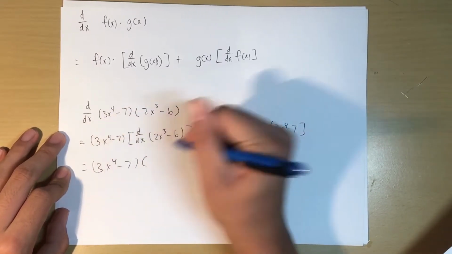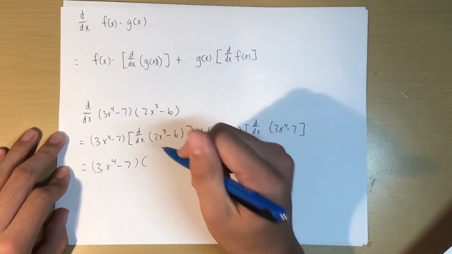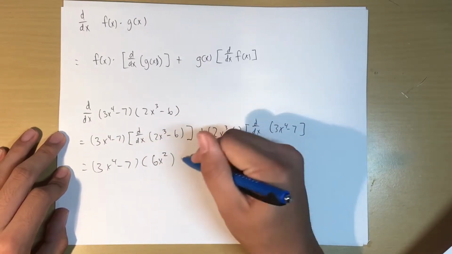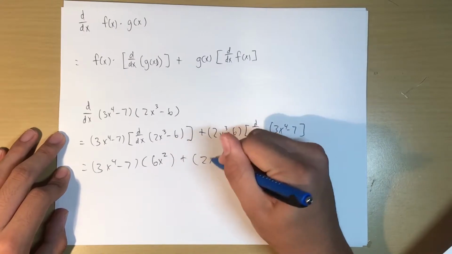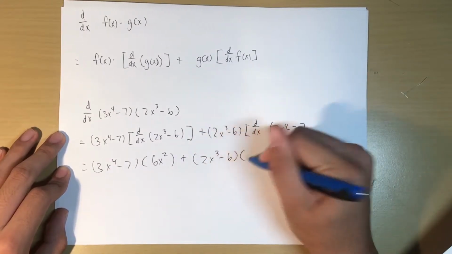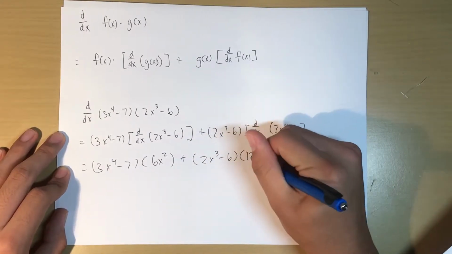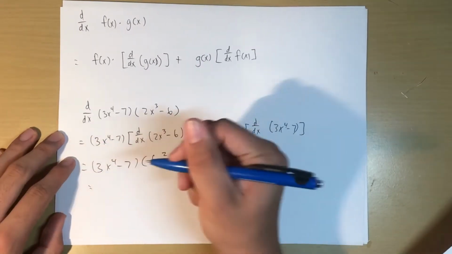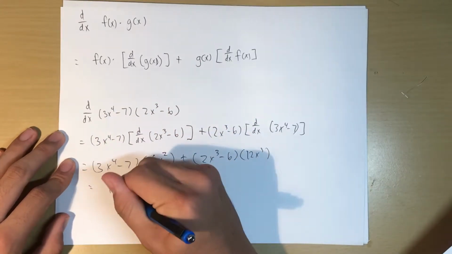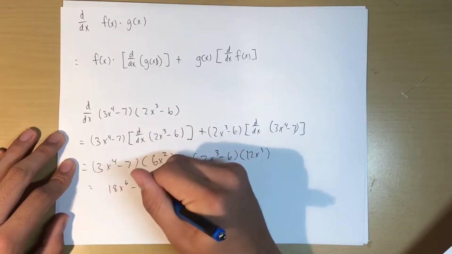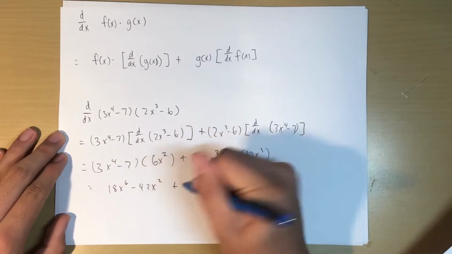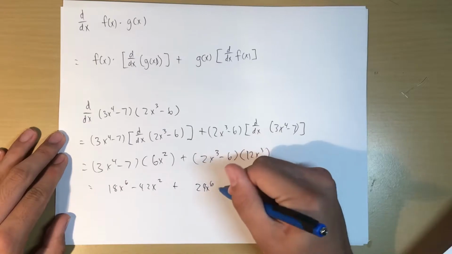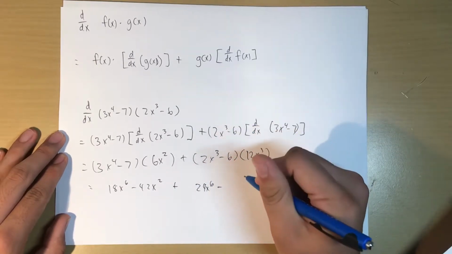So we can simplify this. And for the derivative, we use the power rule. We get 3x to the 4th minus 7 times 6x squared plus 2x cubed minus 6 times 12x cubed. And then if we multiply this out, we get 18x to the 6 minus 42x squared plus 24x to the 6 minus 12 times 6.